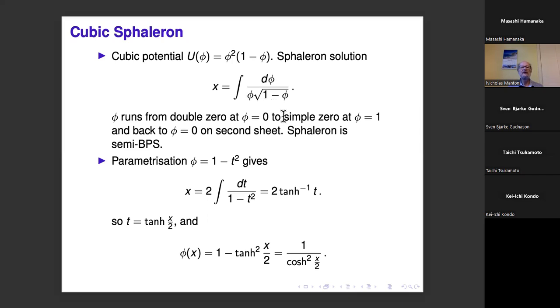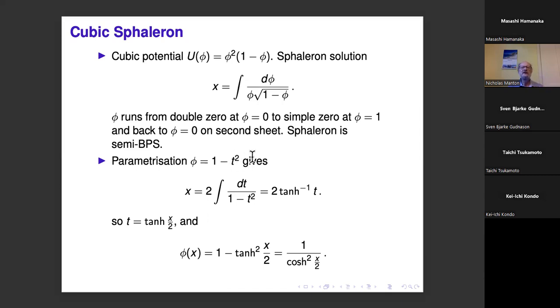You can still do this integral. If you choose this parameterization, phi is 1 minus t squared, you find that this integral simplifies to something rational. And the important point here is that when phi equals 0, t is plus or minus 1.